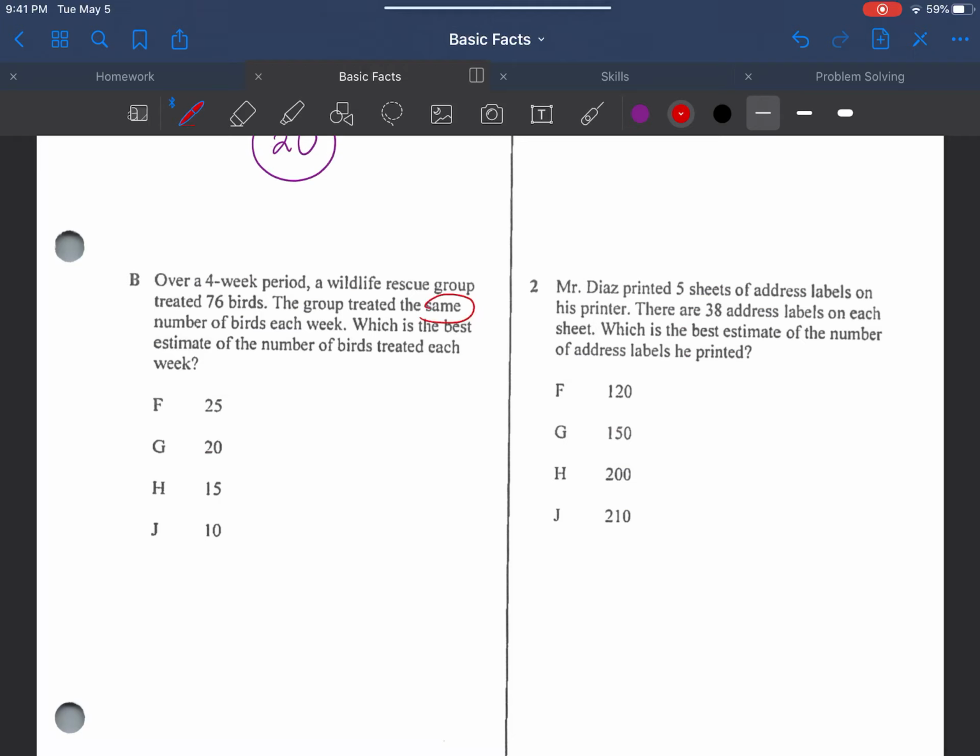Letter B. Over a 4-week period, a wildlife rescue group treated 76 birds. The group treated the same number of birds each week. Same number, share equally, divide. Which is the best estimate? You round first.